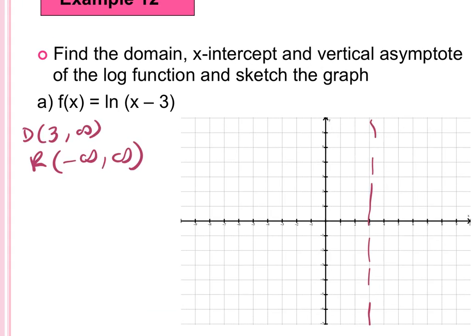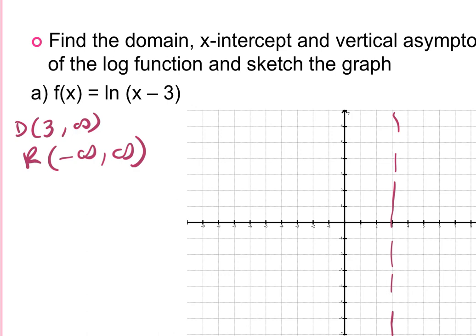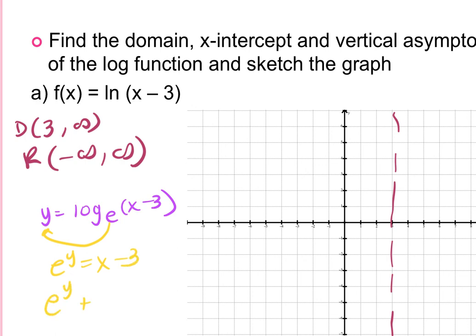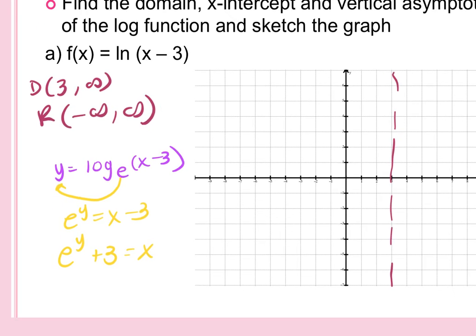Now when I rewrite this to get my equation, I get y equals log base e of x minus 3. Then the e picks up the y, and e to the y plus 3 is what x equals. So you can even find some of these points without a calculator. Some of them. You won't have to, but yeah.